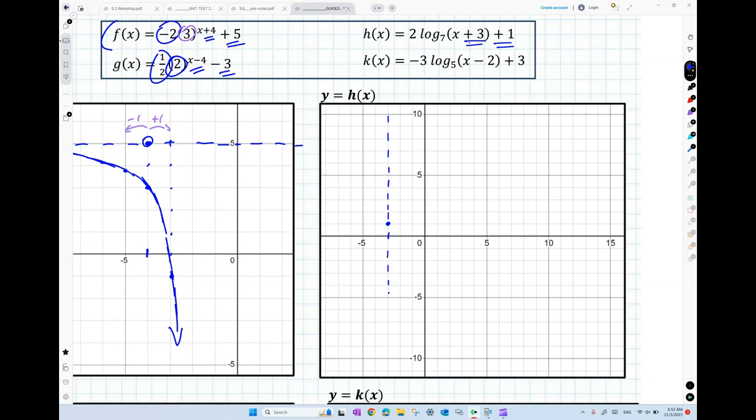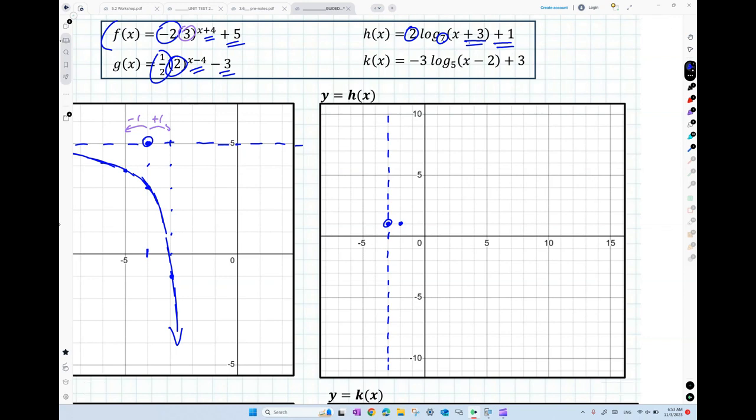function, so I'm going to have a vertical asymptote. I'm going 1 unit to the right of this new point of reference. And for a second point, I'm going to go base a, in that case 7, 2, from the new point of reference, not from this first point here. It is very important.